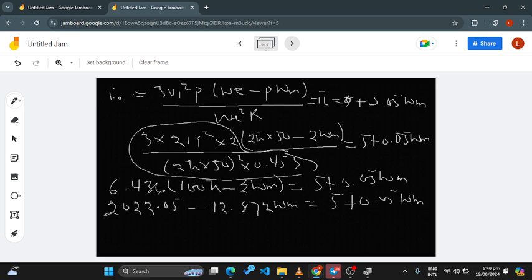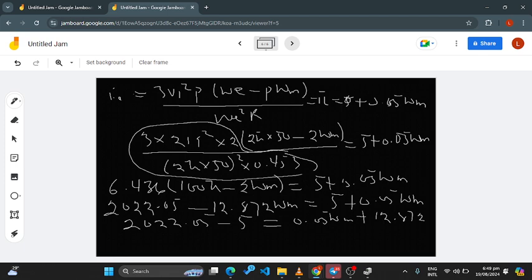So now if we bring this here and send this there, we are going to have 2022.05 minus 5 equal to 0.05 omega m plus 12.872 omega m.